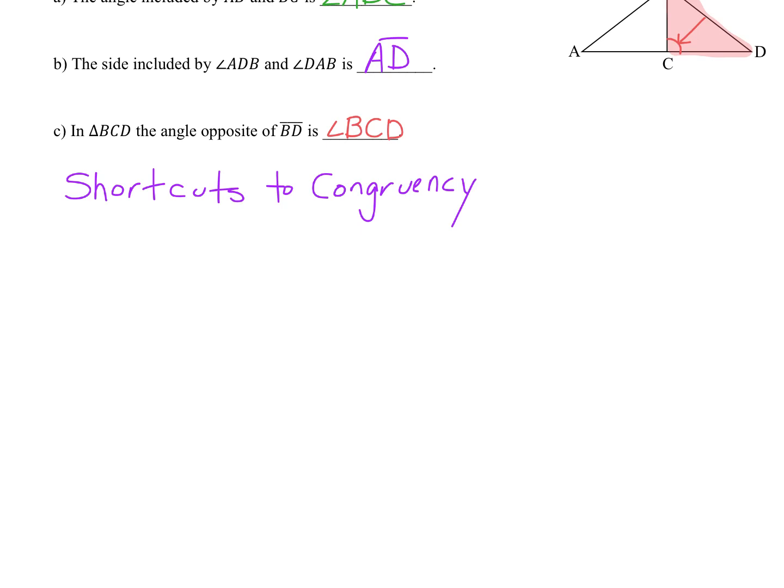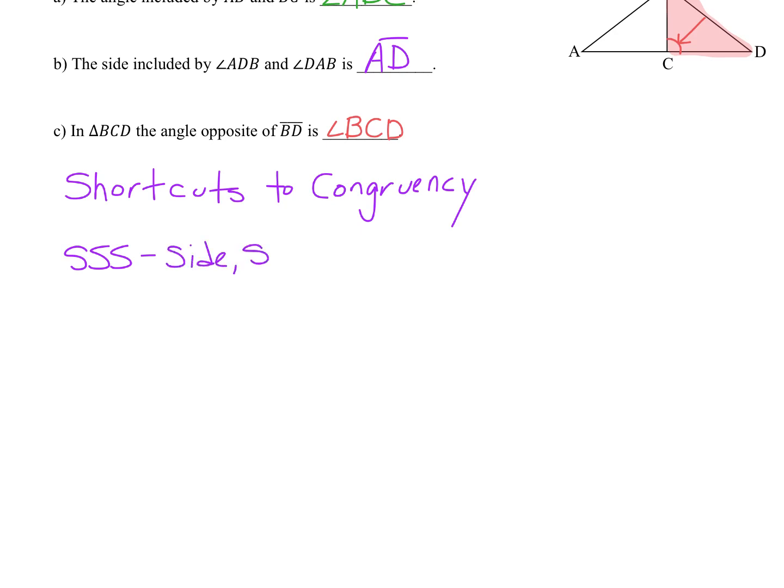So what mathematicians did is they said, maybe I don't know every single angle, but I maybe know some angles and some sides. Do I know enough to say they're congruent based off the other math that we know? They went through and figured out all these bare minimum things, and they always end up being three things you need to know about a triangle. The first one seems kind of obvious. If we know all three sides are the same, we know the triangles have to be congruent, right?